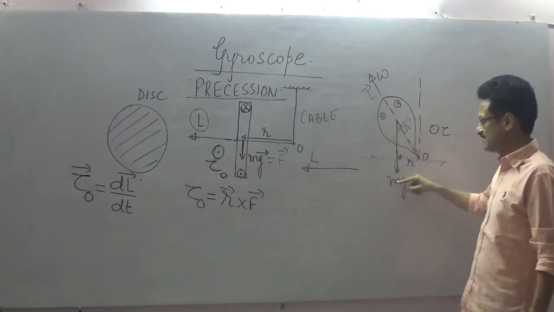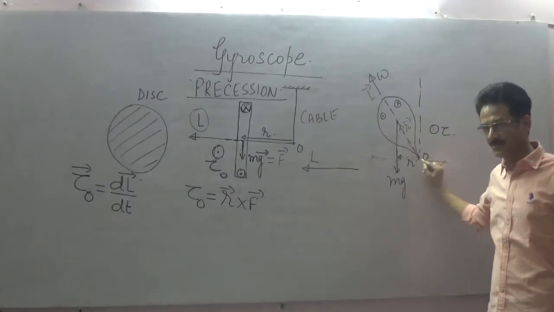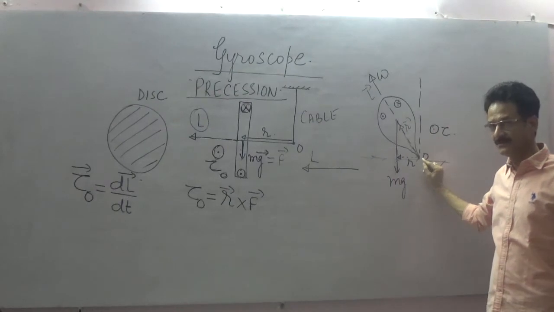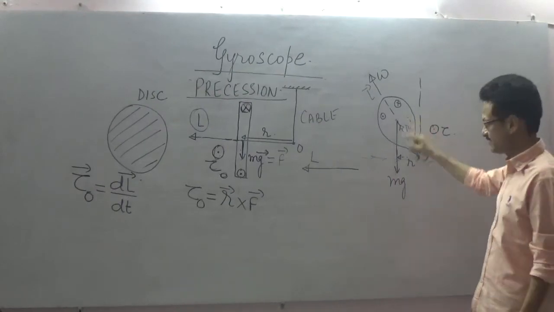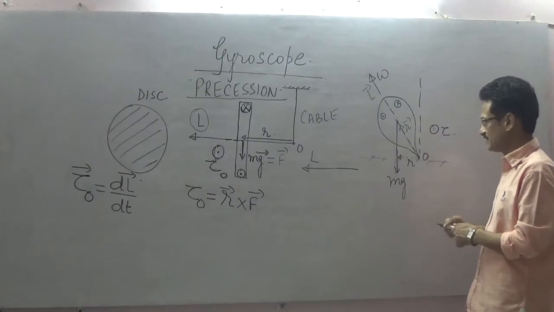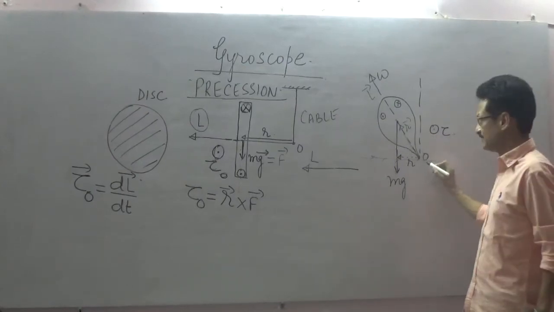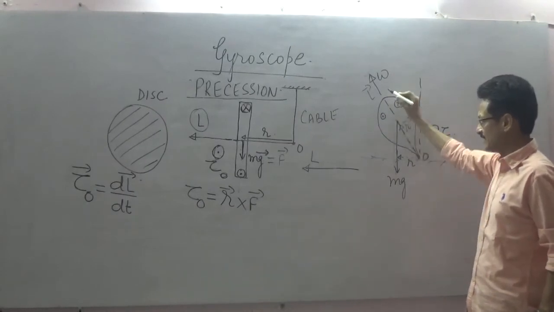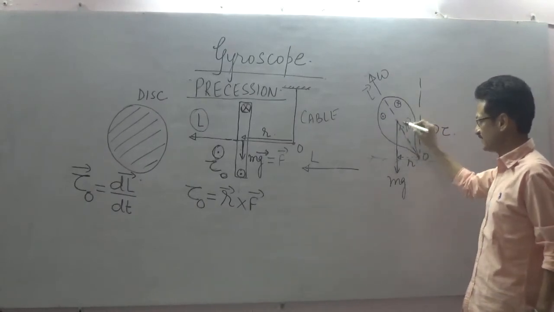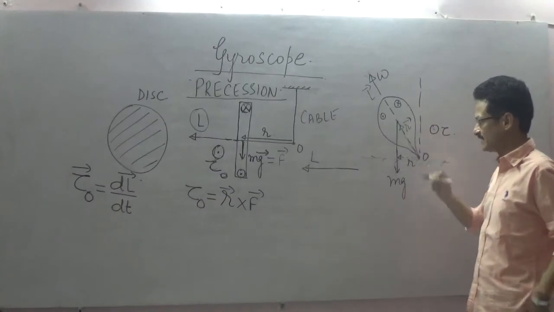Now mg is applying some torque about this point O, which is fixed on the ground. With reference to this point, this is r vector and this is mg vector.